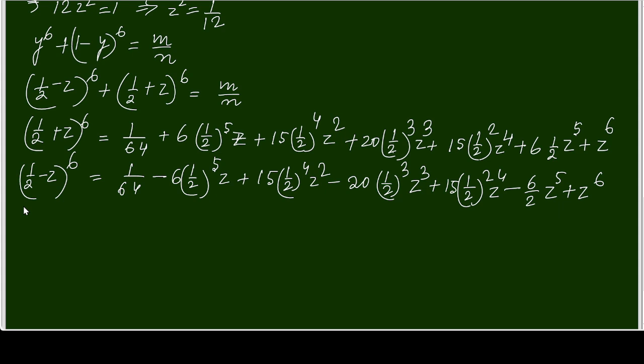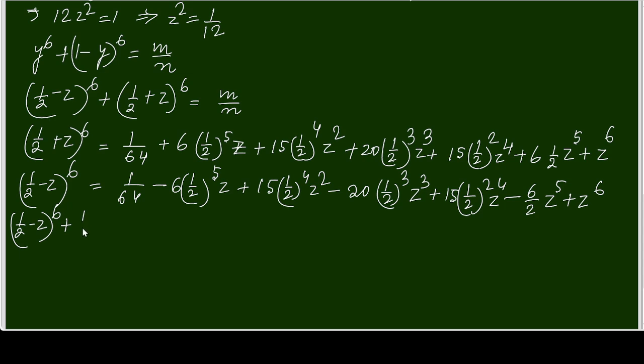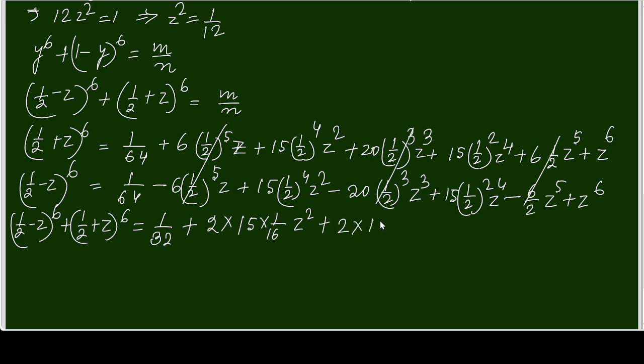So when you are adding them, the alternate terms cancel. So 1 by 64 plus 1 by 64 is 1 by 32. Here 2 into 15 into 1 over 16 z square. Here it will be 2 into 15 into 1 by 4 z to the power 4, and twice z to the power 6.